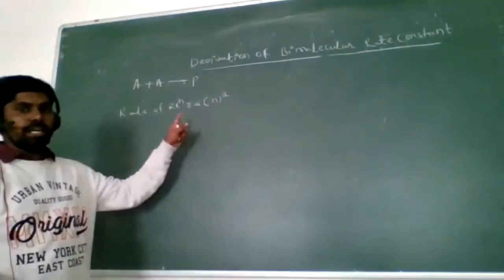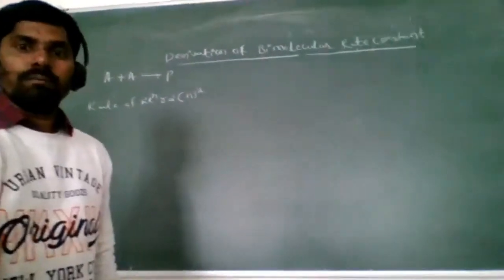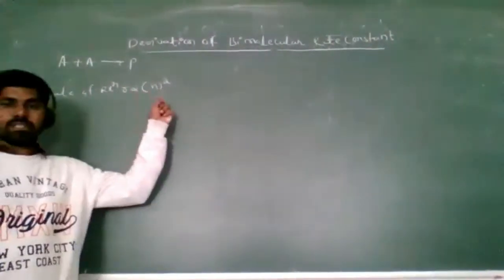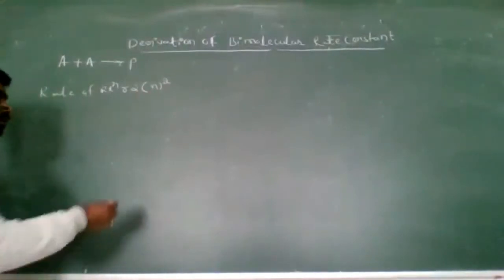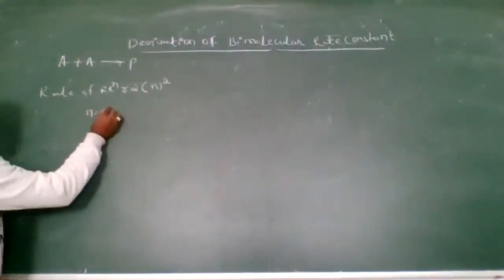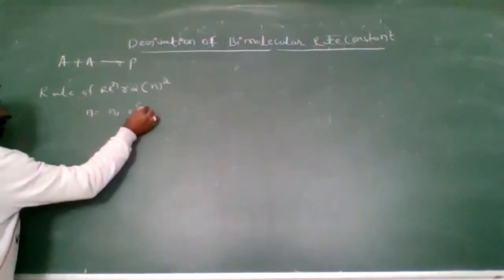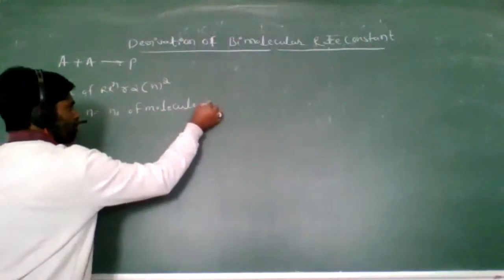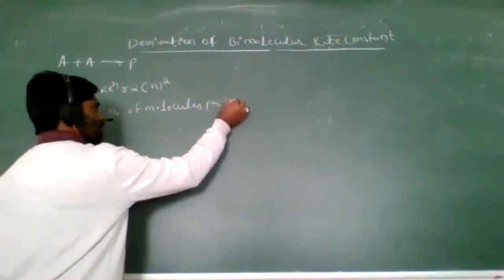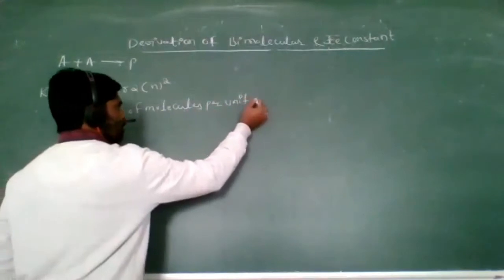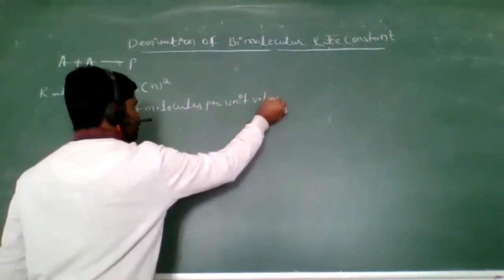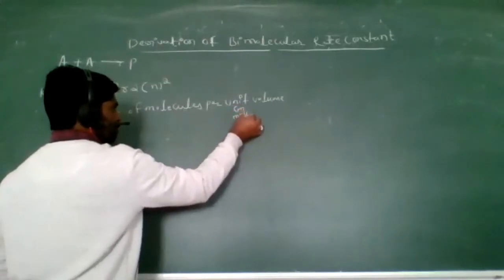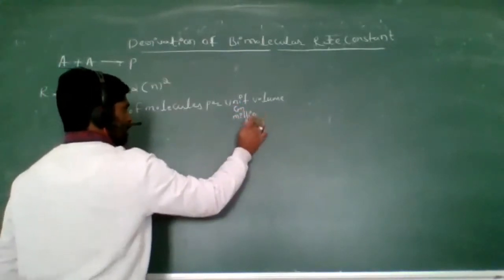Here n is indicating the number of molecules, that is equal to the number of molecules per unit volume or milliliter.